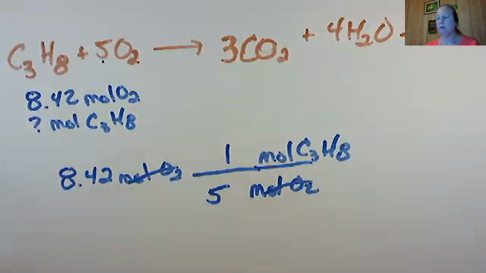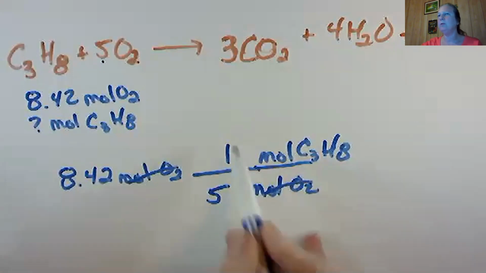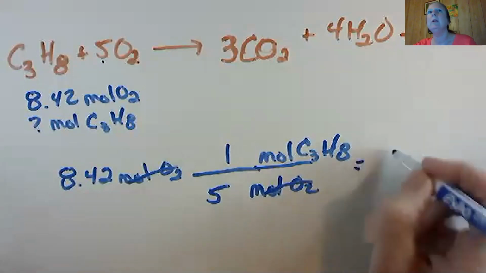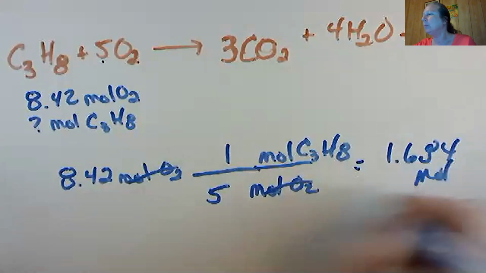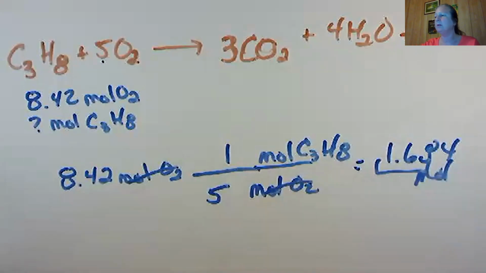Okay. So go ahead and work it. 8.42 divided by 5. Now we have 3 sig figs here. These do not count for sig figs. Get 1.684 moles, but we have 3 sig figs.